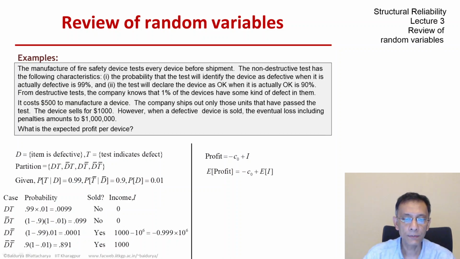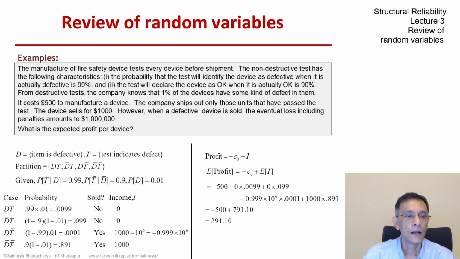So that would be minus 500 for the manufacturing cost, that's always there, and then the four possibilities, the first two being 0 income and the third income being negative, and the fourth possibility has a positive income. So if you now do the algebra, you get an expected profit of $291.10.